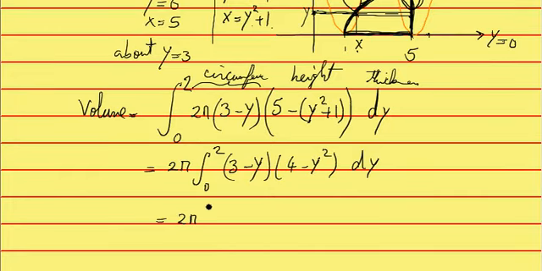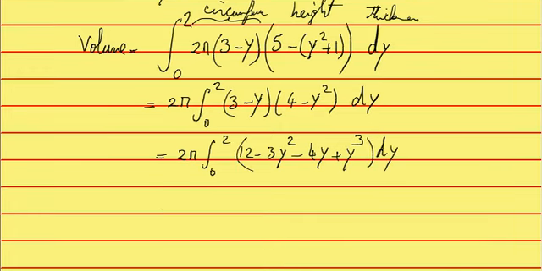Now you can continue this on your own. 0 to 2, I multiply it out, 12 minus 3y squared minus 4y plus y cubed dy, and that is 2 pi times 12y minus y cubed minus 2y squared plus y to the fourth over 4, between 0 and 2.